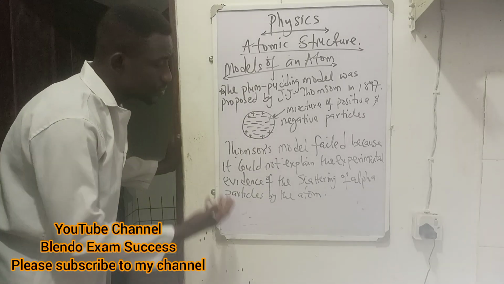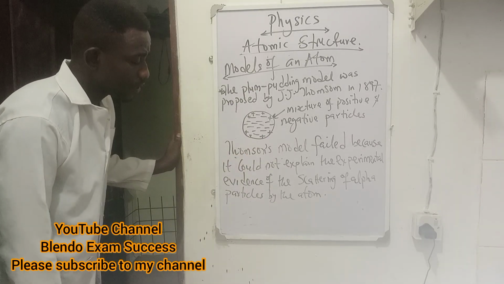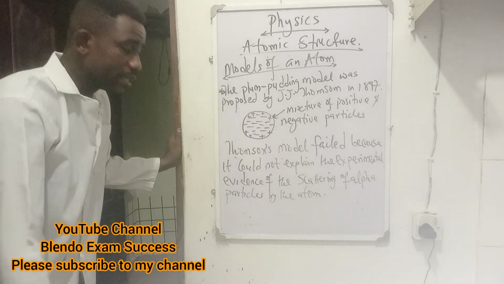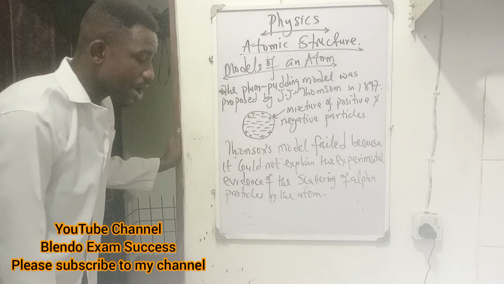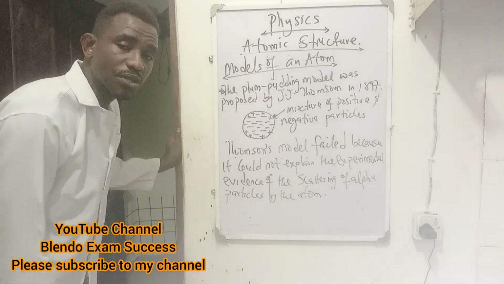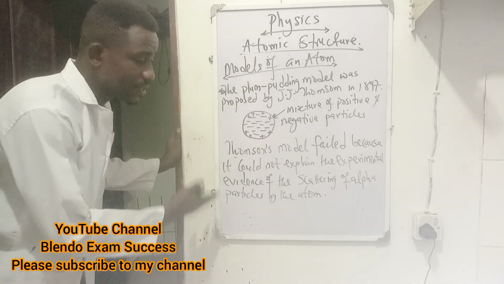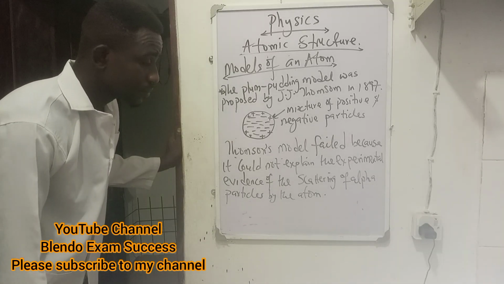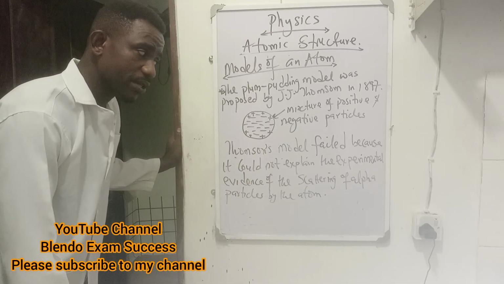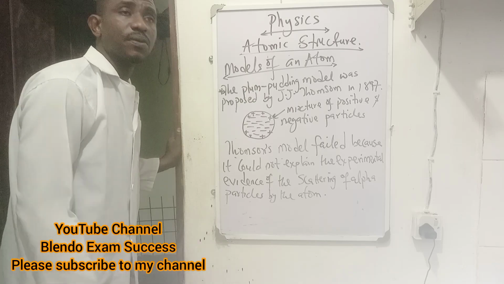Okay? Though Thomson's model failed because it could not explain the experimental evidence of the scattering of alpha particles by the atom. Okay, so that was the problem of Thomson. He couldn't explain the experimental evidence of the alpha particle scattering.